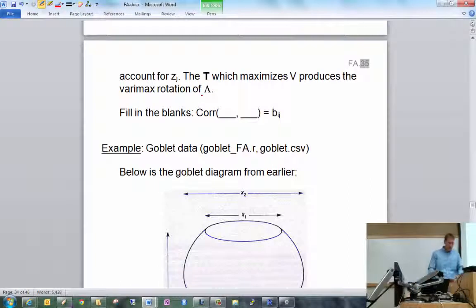Okay. So I have a fill-in-the-blank question here. Sorry, I'm using a little bit of a different notation. Cor means correlation, so we used the Greek letter rho in the past to mean correlation. The correlation between two random variables is equal to b sub ij. Name those two random variables. I will give you one: Z sub j.